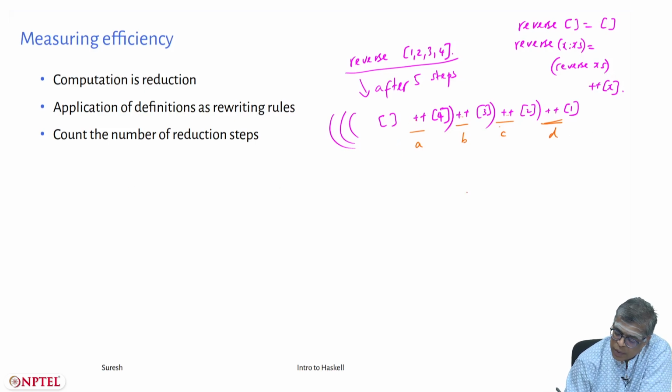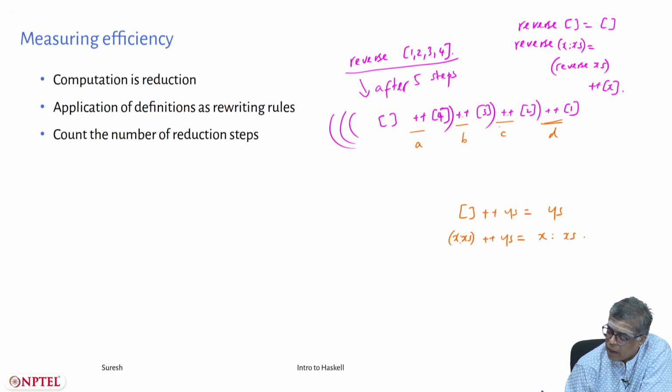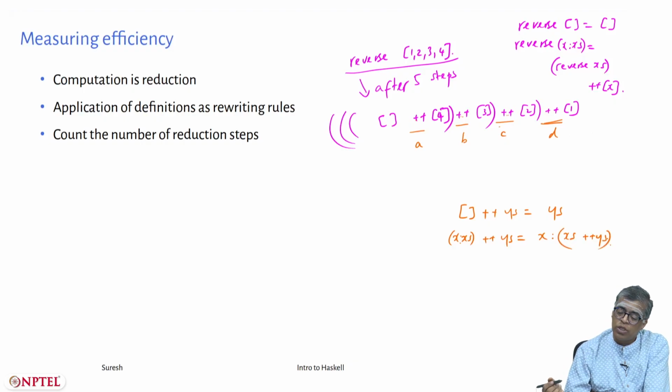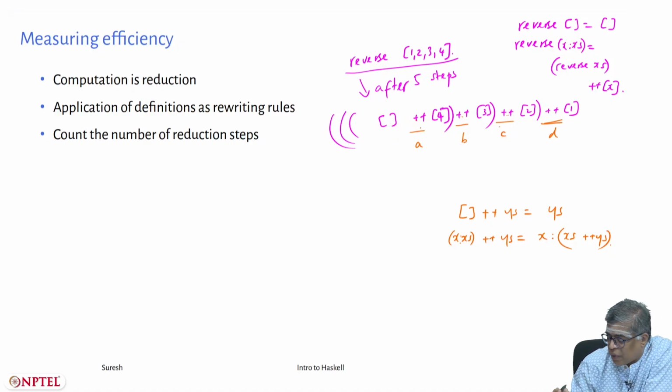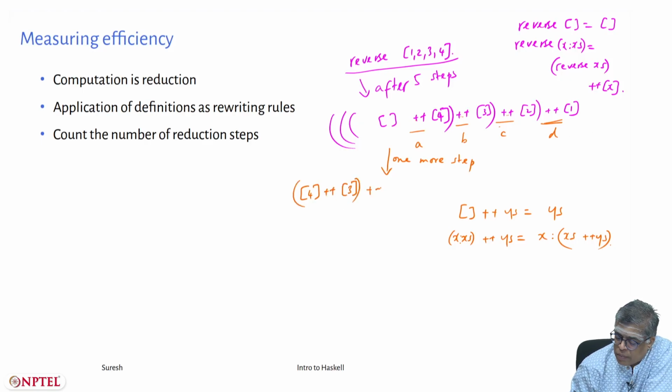Recall the definition of plus plus. Empty list plus plus y is y, and x followed by xs plus plus y is x followed by xs plus plus y. That is the definition. So you will first do this, so after 5 steps you came here, after one more step what you get is 4 plus plus 3 plus plus 2.